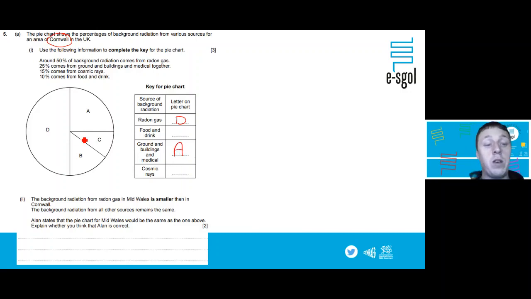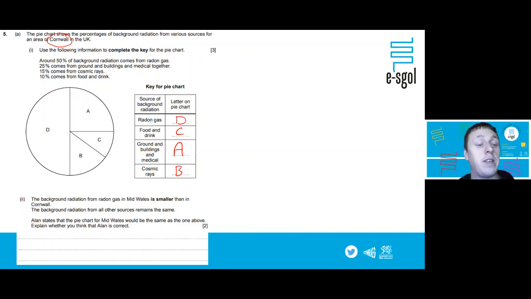And hopefully we look at B and C, which are left, and identify that B is a larger amount of that remaining 25%. So we have 15 for cosmic and 10 for food and drink. With B being the larger amount, we can identify that B is cosmic rays, therefore C is the answer that goes here. So D, C, A, B.